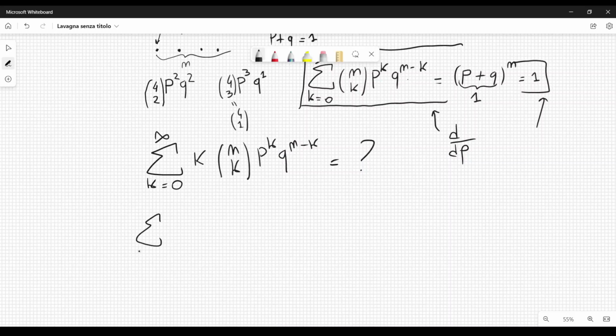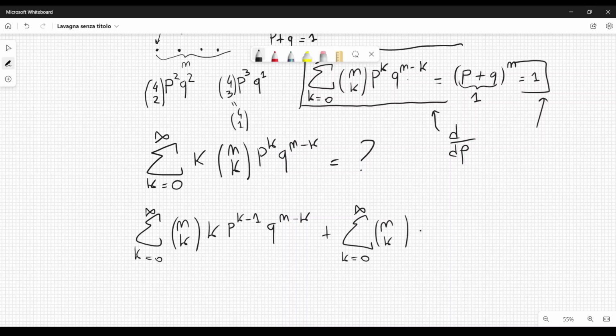So I have sum with k going from 0 to n, and then I have n choose k times k times p to the k minus 1 times q to the n minus k, plus sum with the index k going from 0 to n of n choose k times n minus k, p to the k, q to the n minus k minus 1.